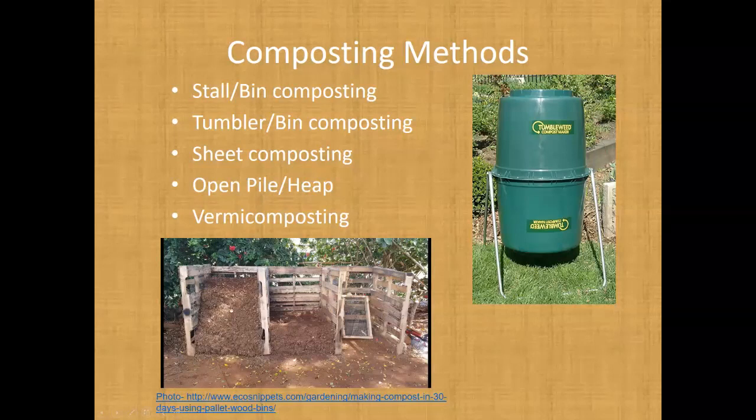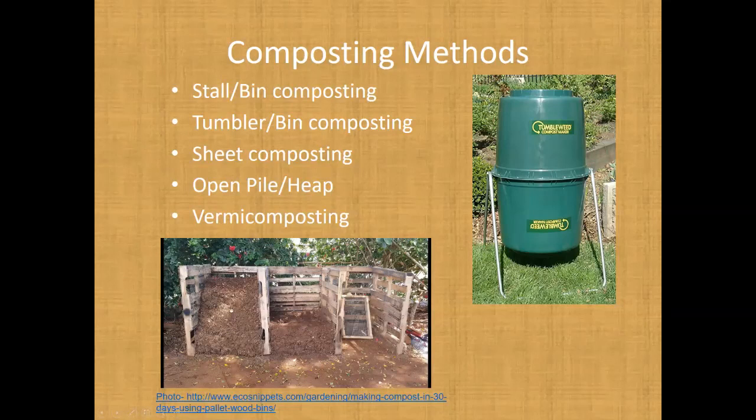But there are a lot of tumbler or modular systems like this that we can get at the garden center or the store, and those are widely available. If we've got limited space, those are a good option, and they're easily maintained, easy to turn, and good for kitchen waste.